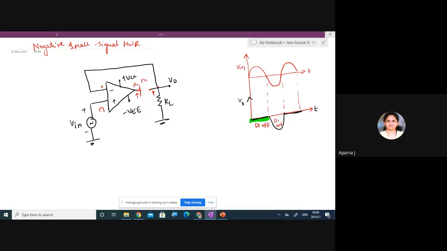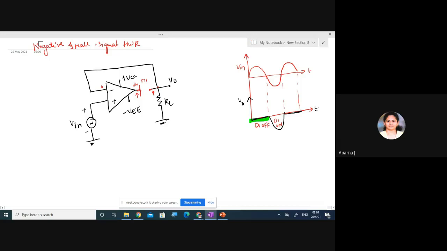Next, when we take the negative cycle, when the input is negative, since this terminal voltage is greater when compared with this, the output will be almost a negative value here, initially minus Vsat.